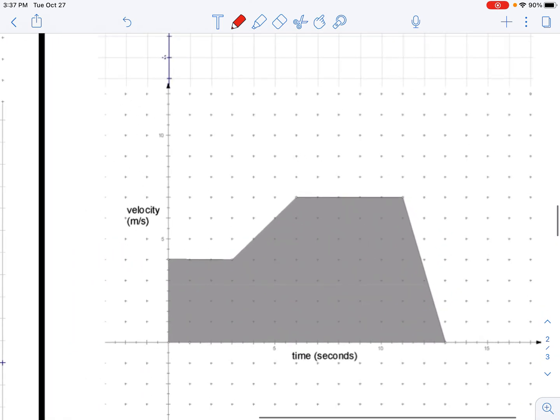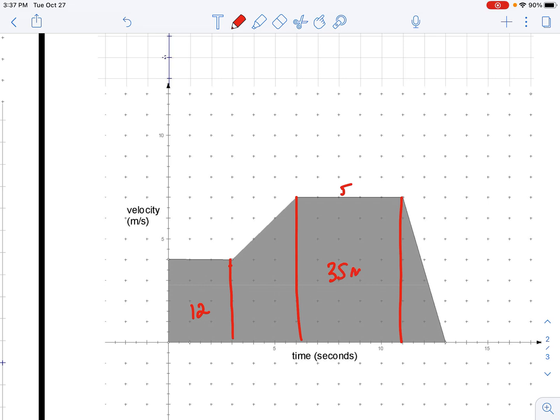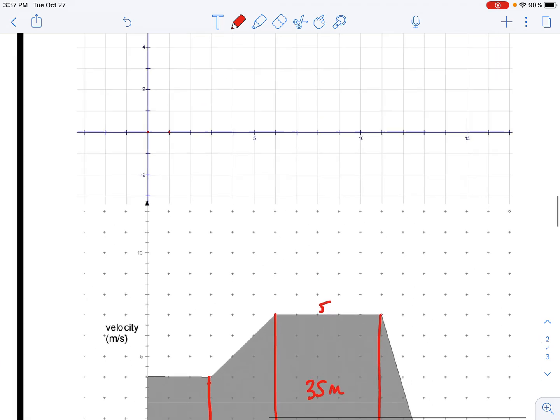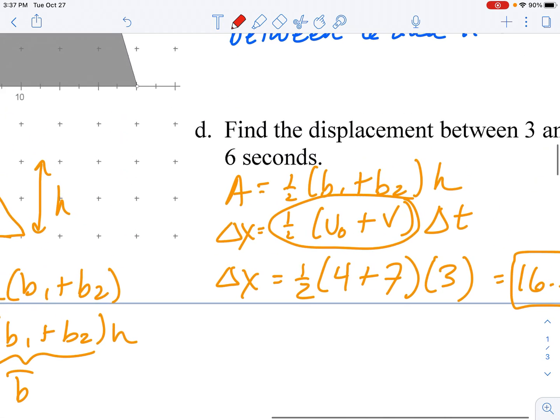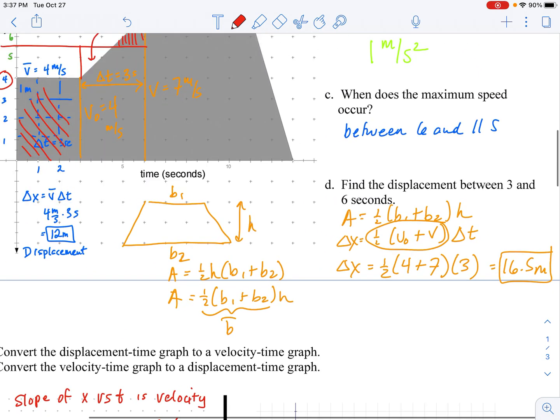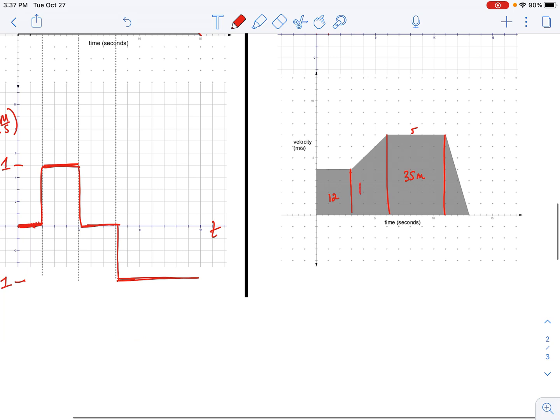This is the same graph that we did above, and we figured out that this was 12. Let's see what else we've got here. This area is 5 by, so this is 35 meters. I figured this one out. Where did it go? What was it, 16.5?